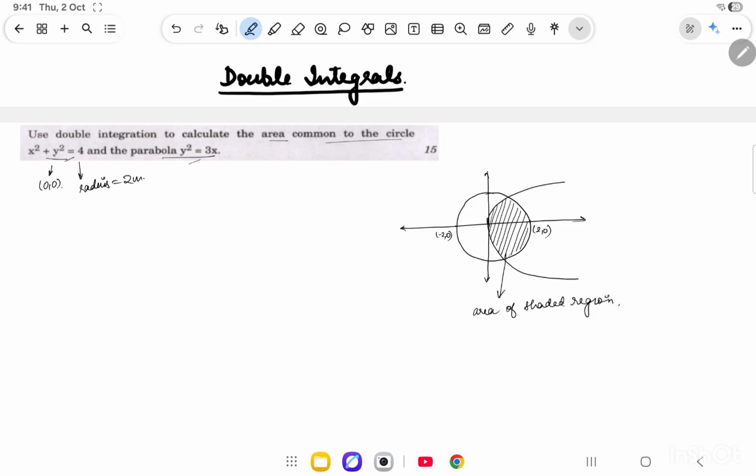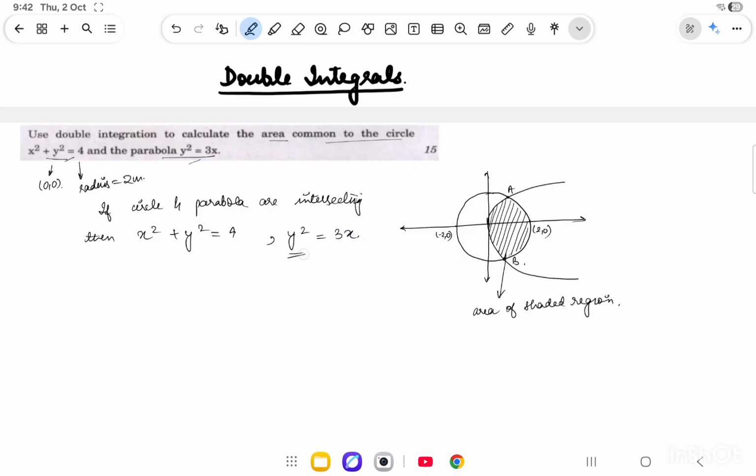To find that, first let us find the points of intersection of the circle and the parabola, that is this point A and this point B. If the circle and parabola are intersecting, then x square plus y square equals 4, but y square from the equation of the parabola is 3x.